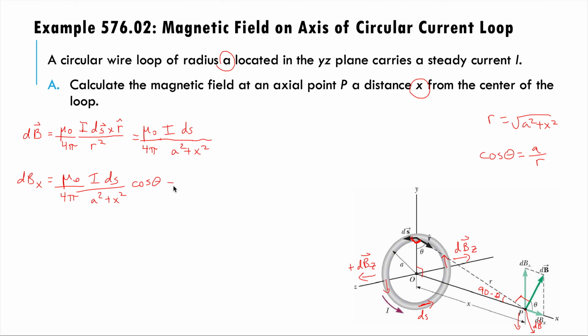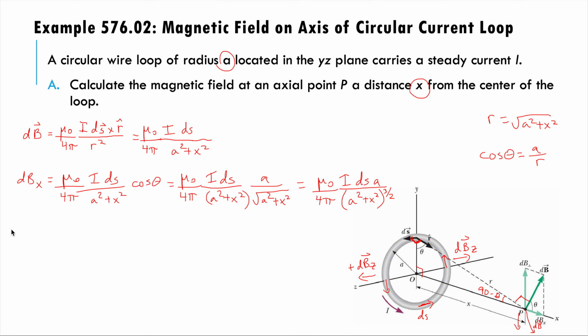So I'll rewrite the whole expression: mu naught over 4 pi I ds over a squared plus x squared, and then cosine theta is a over r. R is the square root of a squared plus x squared. We can rewrite this one more time because we see that this is a squared plus x squared to the first power, and then a squared plus x squared to the 1/2 power. So we can simplify these two to make it a little neater: mu naught over 4 pi I ds a over a squared plus x squared to the 3/2.